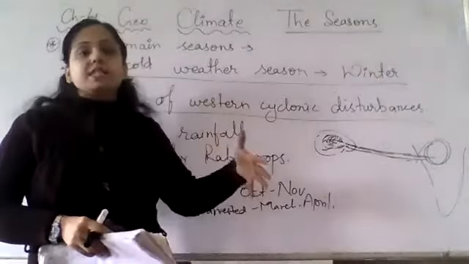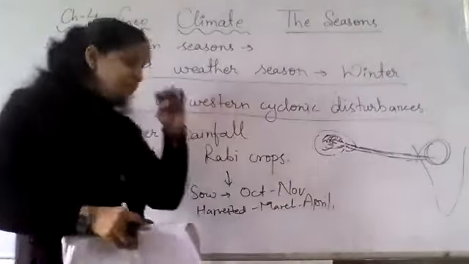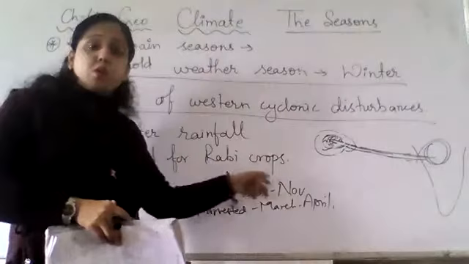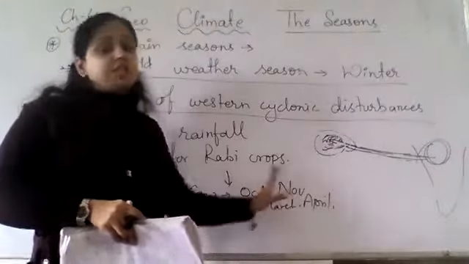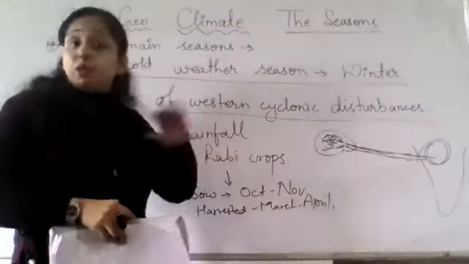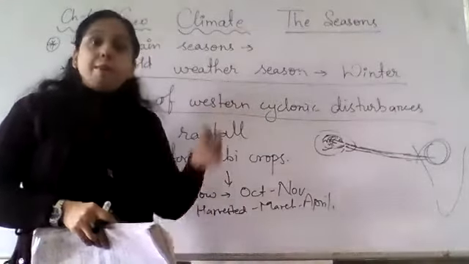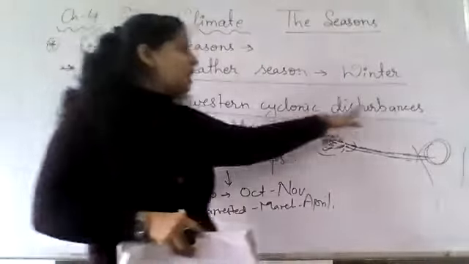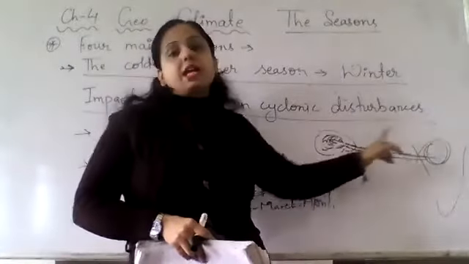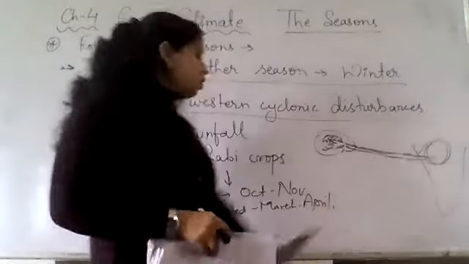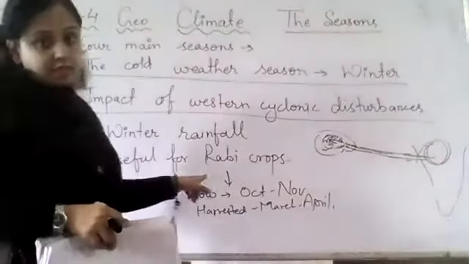So we have a dry season in winters. But we have rabi crops which are sown in October, November, and harvested in March, April. So in this season they don't get moisture, they don't get rainfall. But because of the western cyclonic disturbance, we get rainfall in winters. Okay. So this is useful for us.